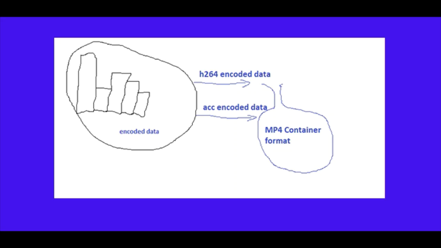The encoded data cannot be directly fed to the device for playbacks, but rather it needs to be arranged or organized inside another file container. And we have explained the different types of containers available: the MP4, WebM, OGG, and the rest.